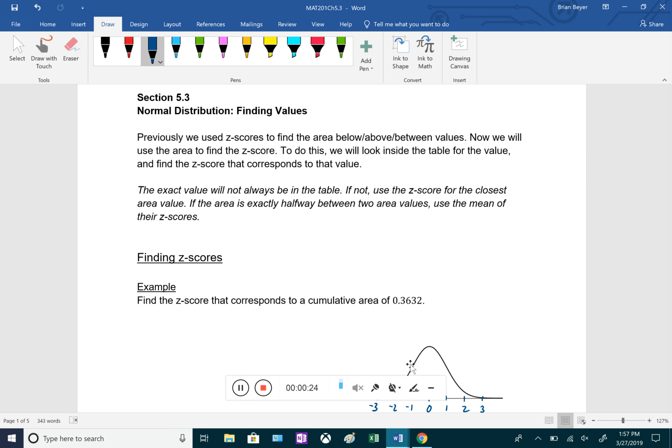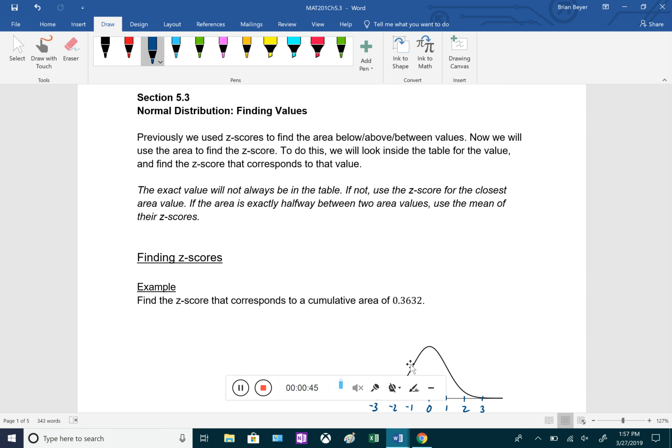Now we're going to be going in the reverse direction, and we're going to be given the area or the probability to find the z-score. So a similar concept, but the exact opposite direction. We're going to find the area in the table and then find the z-score that corresponds to that area.